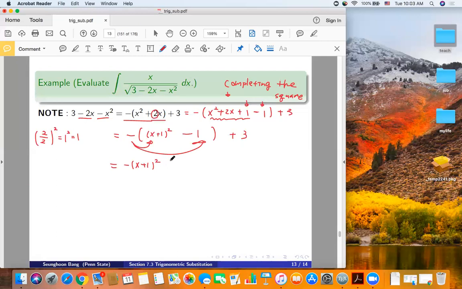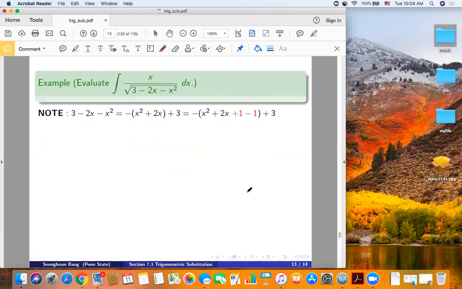Minus 1 times minus 1 is positive 1, plus 3. This is a 4. You can interchange it: 4 minus x plus 1 squared. Right? You can change it like this. So we have it. It's good? This is the idea. So we have here like this. So next, this is the same as what?